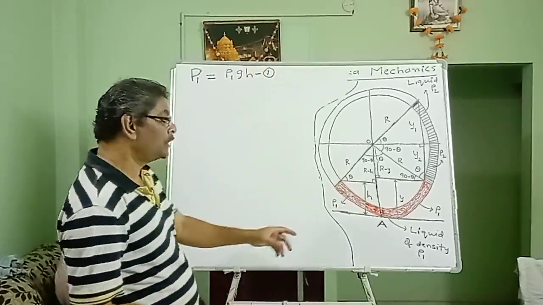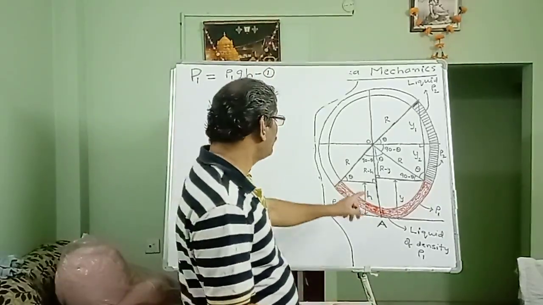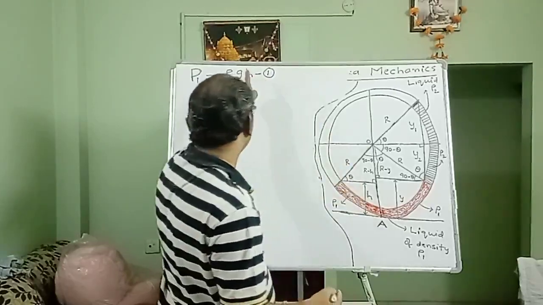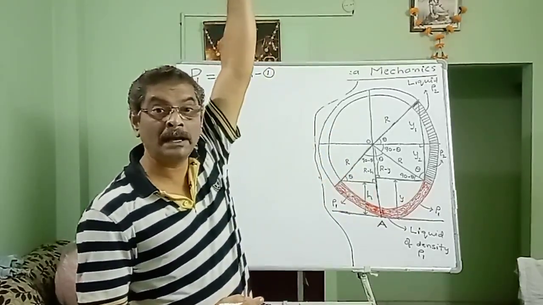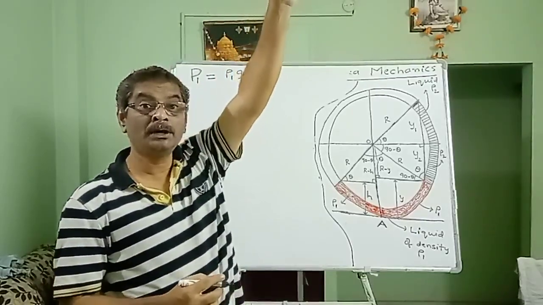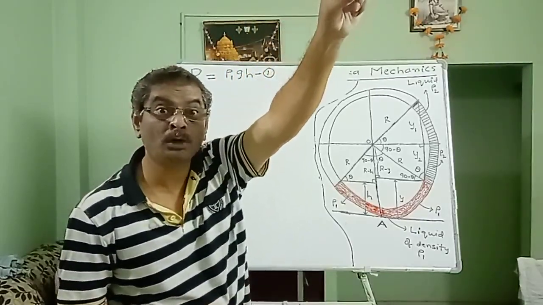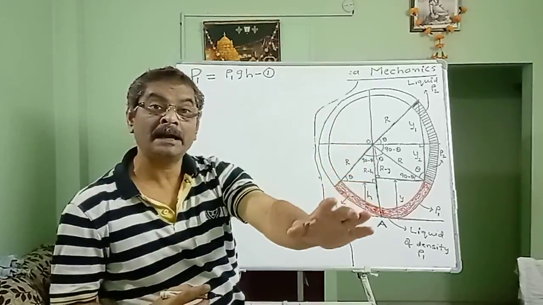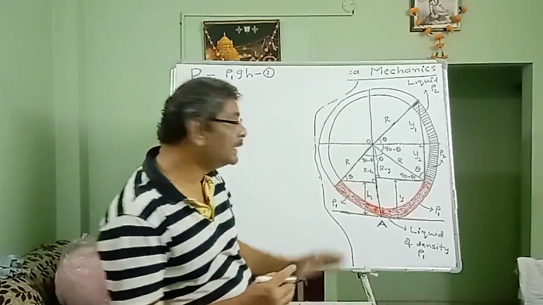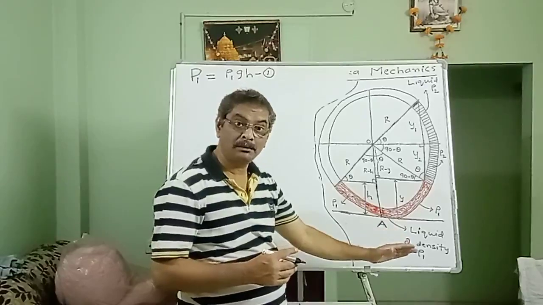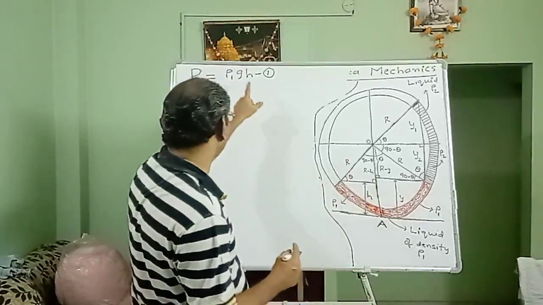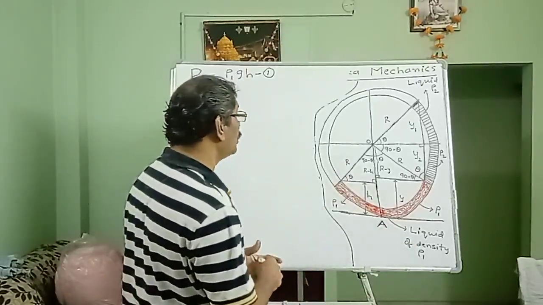Now we need to find the value of h and substitute it in this formula, then we get the total pressure exerted by the left liquid column at the base A. So let us see how to find the value of h.